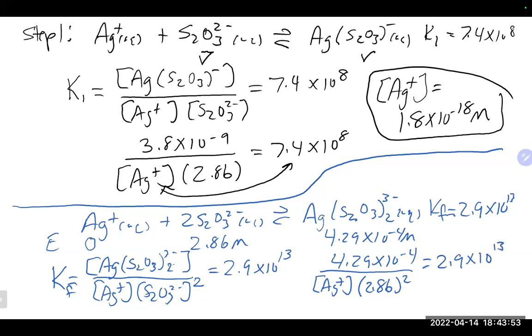Once again, the silver and the K are going to switch places. And if you do that, you should end up with the exact same silver concentration that we had a second ago. Just to make sure here, 1.8 to the minus 18, yes.